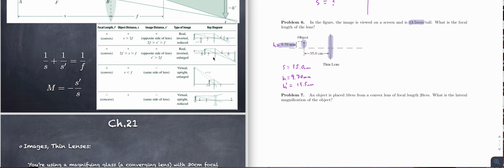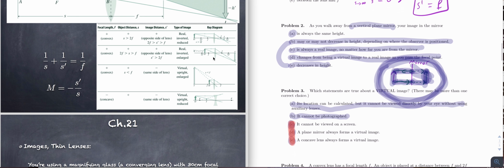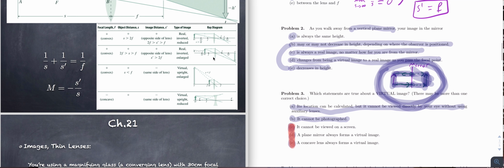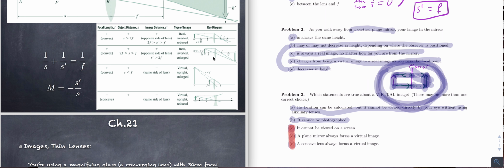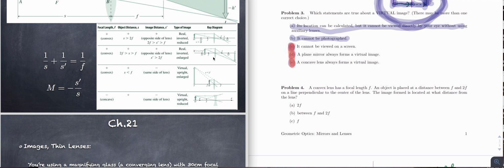It doesn't seem that we have much more information numerically, but in the statement of the problem, it says problem 6, in the figure, the image is viewed on a screen. So if you look up here, where was it? Here it was. Problem 3. Which statements are true about a virtual image?